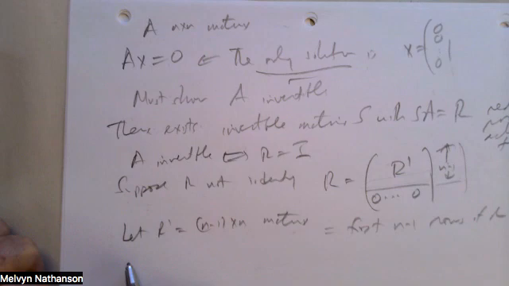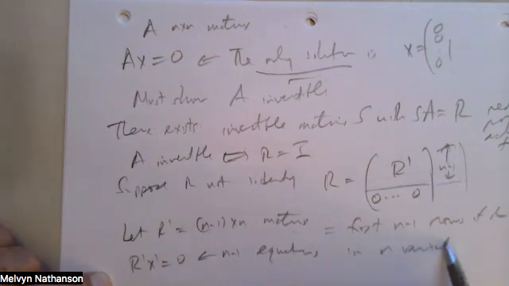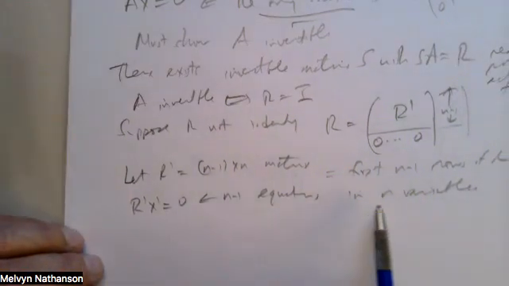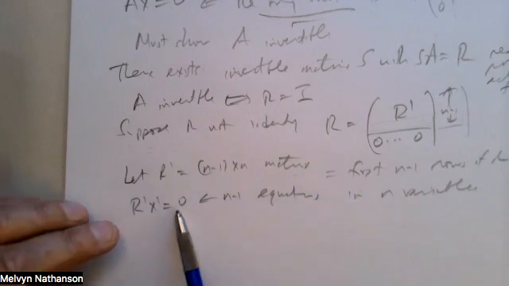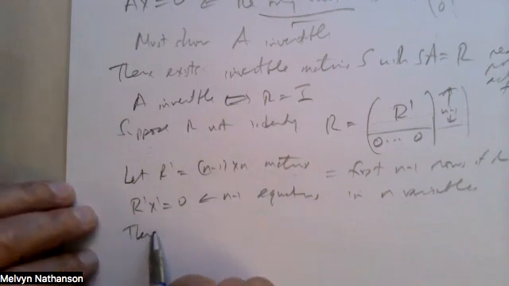And suppose I want to solve the equation R prime x prime equals 0. This corresponds to n minus 1 equations in n variables. But we showed that if you have more variables than equations in a homogeneous system of equations, there's a non-zero solution.